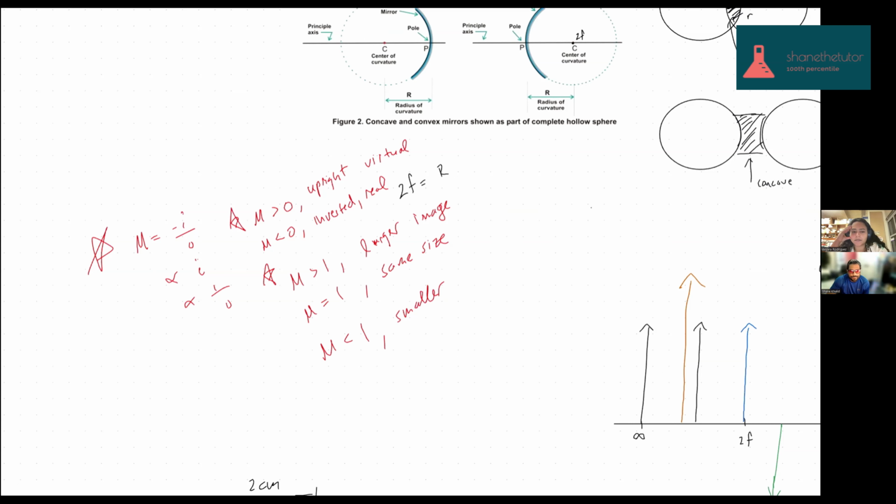So if we plug in a negative value for i, it will be negative of a negative, which will be positive. And then the opposite for when the magnification is less than 1.